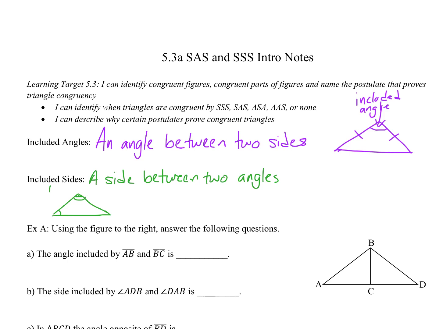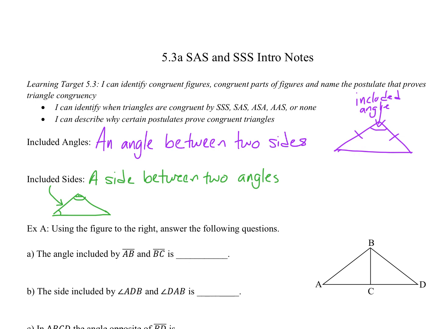Because it's sitting between those two angles, it's locked in between them. It's not that the other two sides aren't technically also between two angles, but I haven't given information about those or that third angle, so we're only looking at the information given to us to determine what's included and what's not.